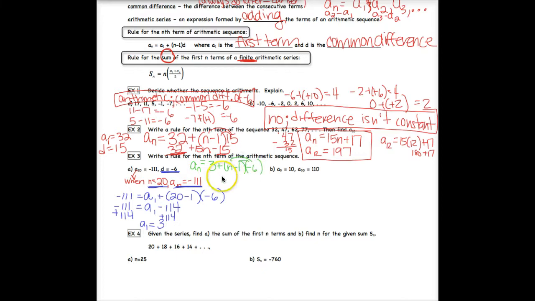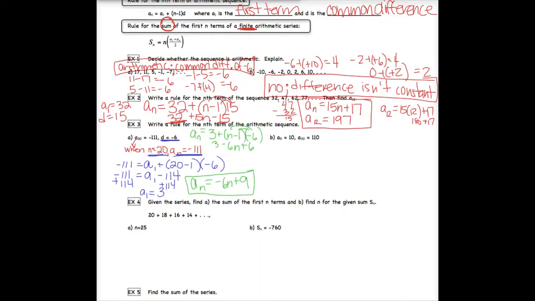So distribute here, 3 minus 6n plus 6. So a sub n equals negative 6n plus 9, or if you put 9 minus 6n, that is perfectly fine as well. So there is my rule.